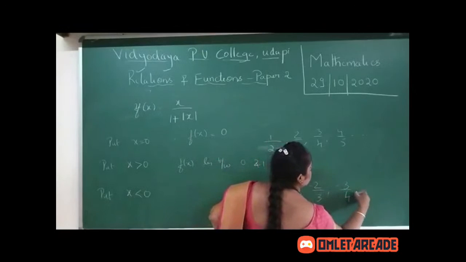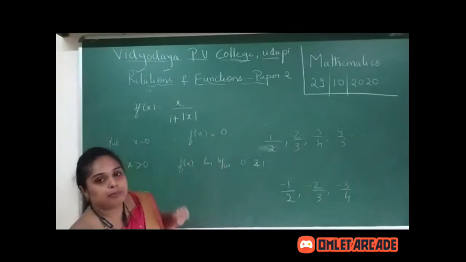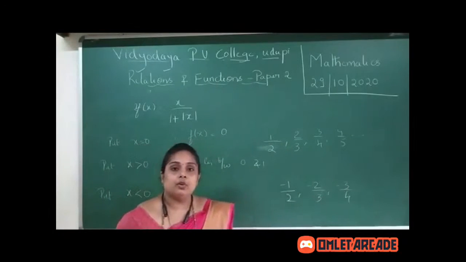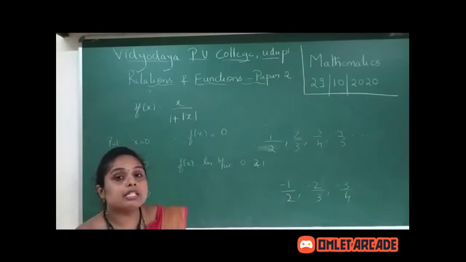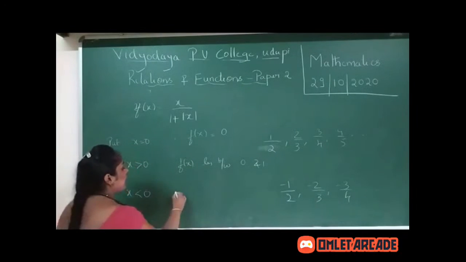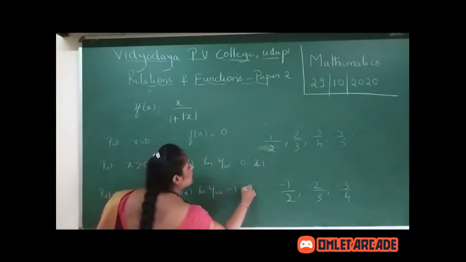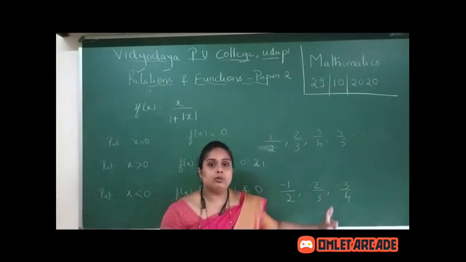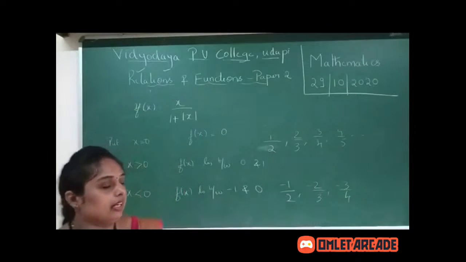Next will be minus 3 by 4 and so on. The numerator will be minus, the denominator will be plus because I have mod. So the value is not exceeding minus 1. It's between 0 and minus 1. f of x lies between minus 1 and 0, with the denominator always 1 greater than the numerator.